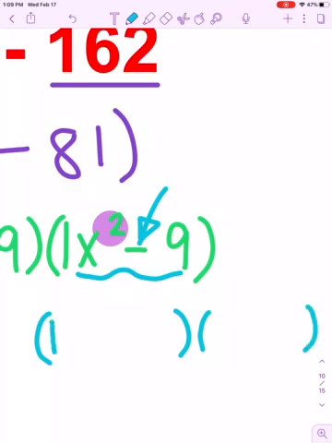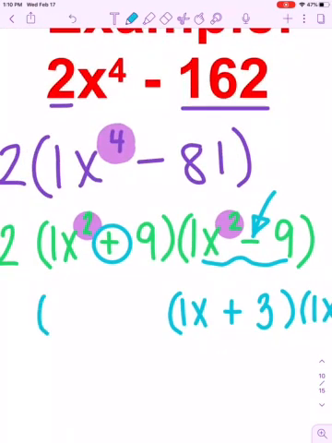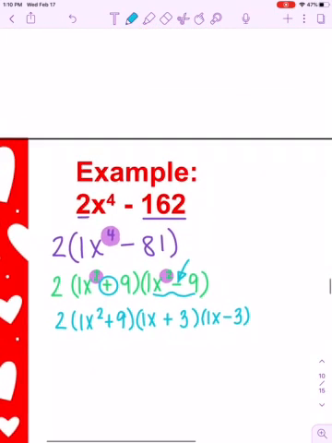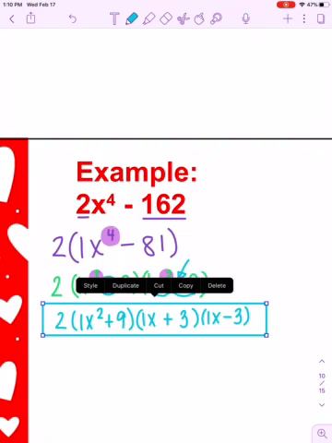So that one I'm going to split, and the square root of 1x squared is just 1x. In the front, the square root of 9 is 3, and my signs will be opposite. This set of parentheses I couldn't do anything with because of the addition sign, so it stays. And at the very start, I took the 2 out. So this whole thing is my answer.